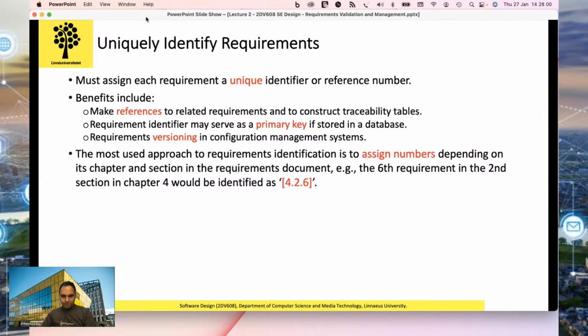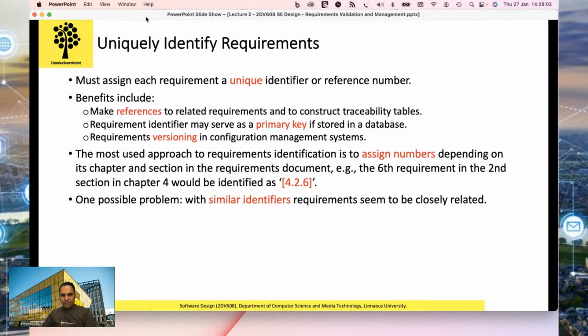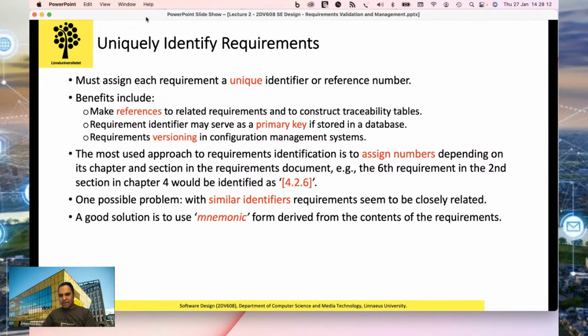What you can do, you can use some similar identifiers, and those identifiers can be collected from the requirements statements themselves. For example, if your requirement is about security, you are asking for some security functionality, you can say the name of the requirement is SEC and then 0, 1 or 1.